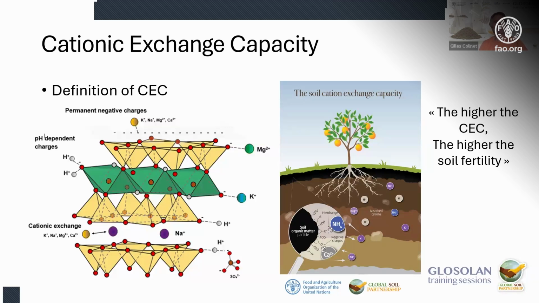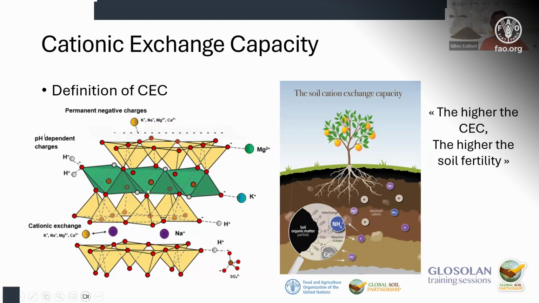So 4 plus, 3 plus, there is a deficit of charge because the surrounding oxygen doesn't change. So there is a deficit of charge, and we call that a negative charge.